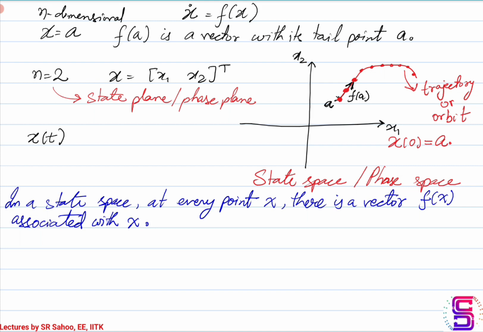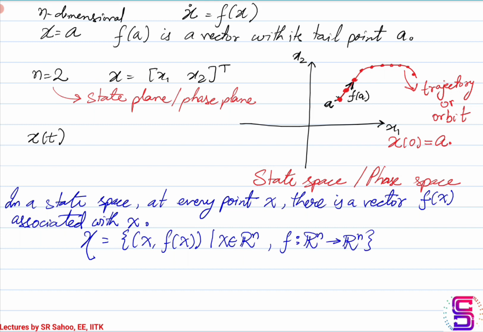The collection of all these vectors, let's say this calligraphic X, represented with the starting point and the direction and magnitude, with of course, because we are considering real vectors, and f being a map from Rn to Rn, we call this set the vector field.